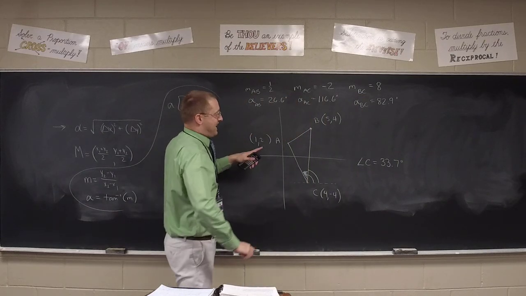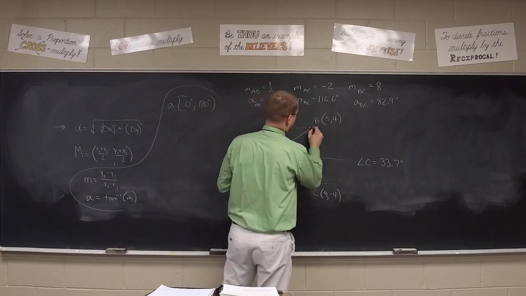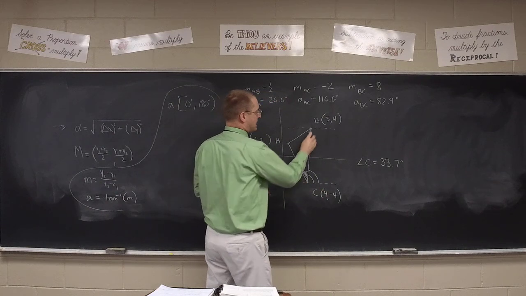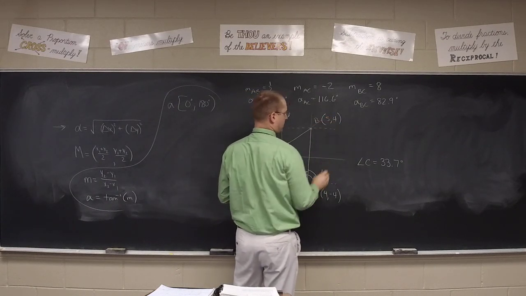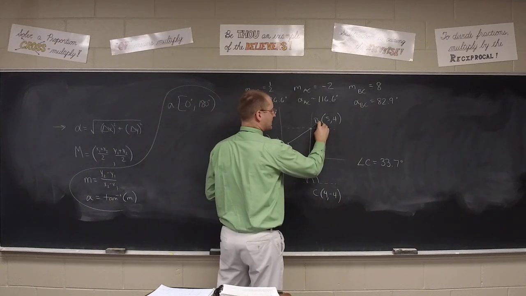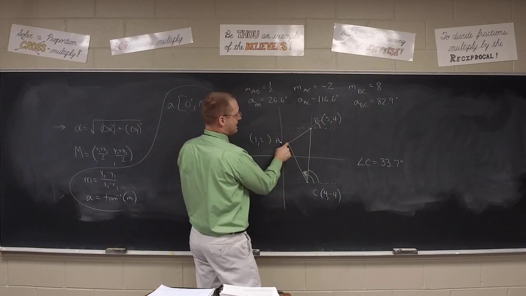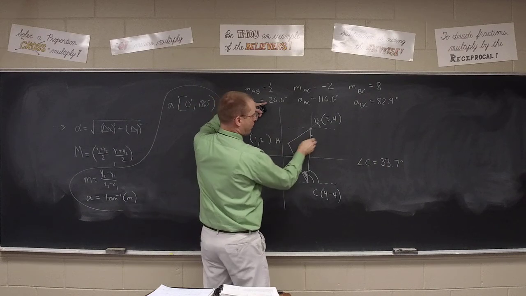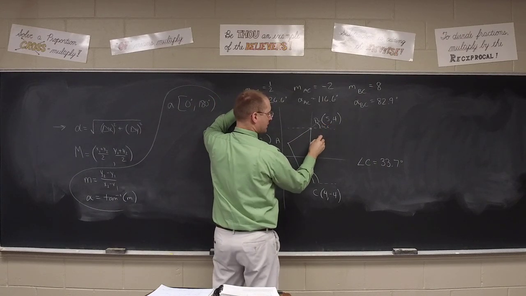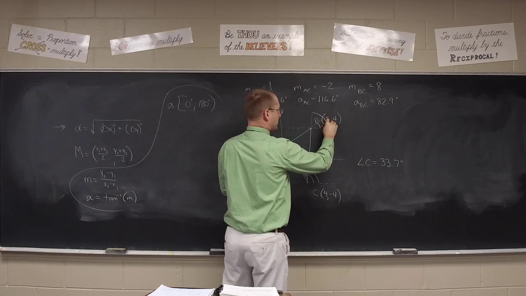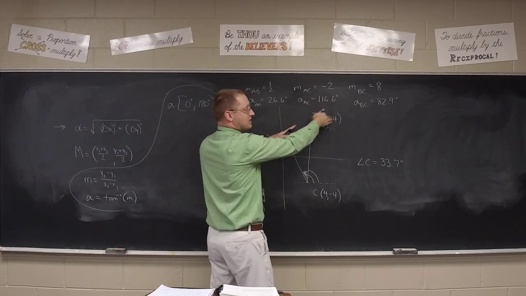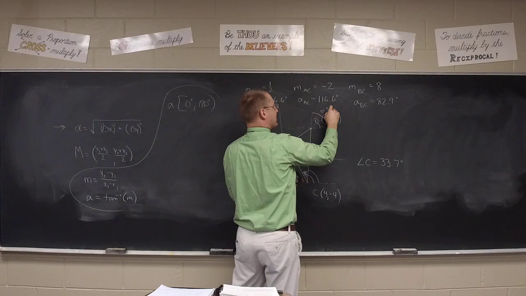If we wanted to find angle, let's go to angle B real quick. Now angle B, you'd have to imagine that these lines are extended a little bit here, right? Because this is actually AB's angle, the 26.6. And this is actually BC's angle, 82.9.